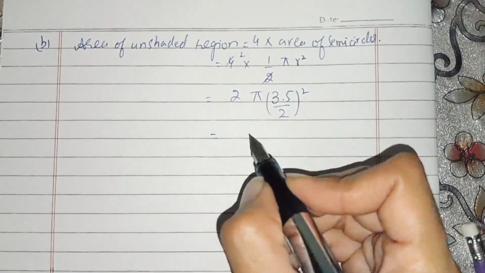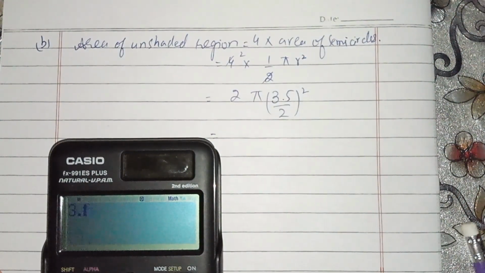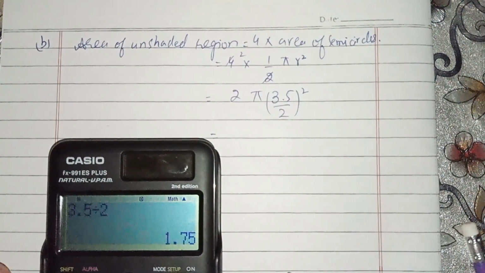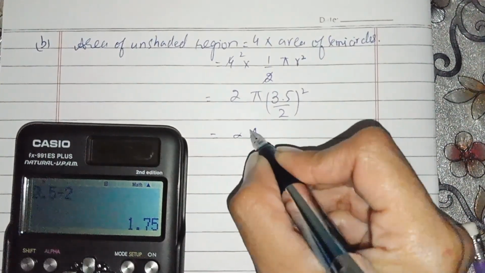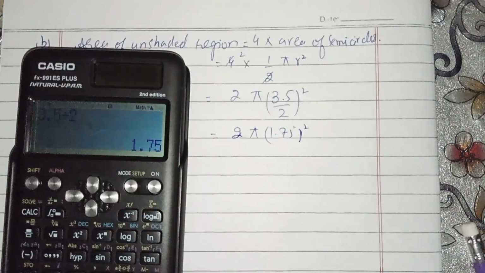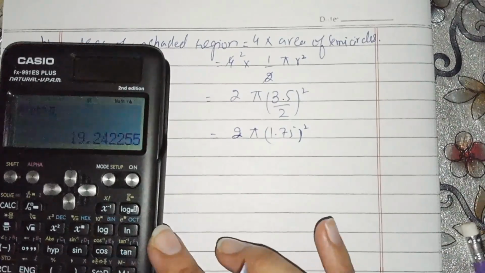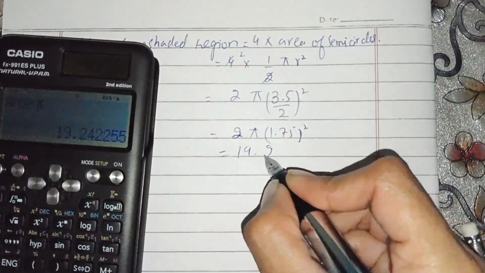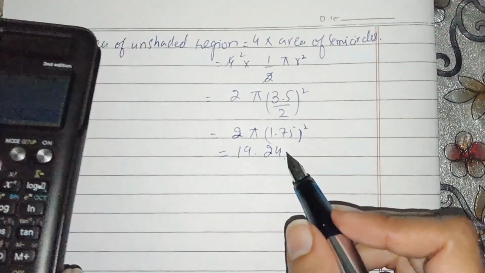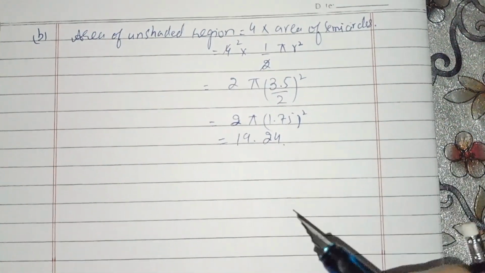Now we have to solve it. 3.5 divided by 2, we get 1.75 squared, multiplied by 2 and multiplied by pi, and we get 19.24. This is the area of the unshaded region, which is equal to the four areas of a semicircle.